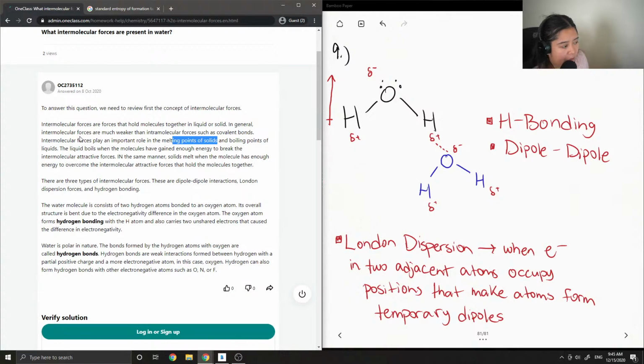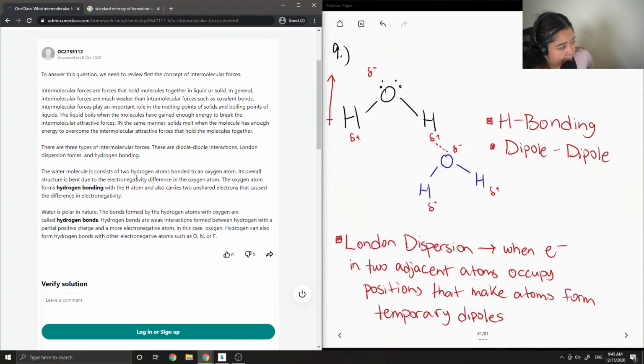The liquid boils when the molecules have gained enough energy to break the intermolecular attractive forces. In the same manner, solids melt when the molecule has enough energy to overcome the intermolecular attractive forces that hold the molecules together. There are three types of intermolecular forces. These are dipole-dipole interactions, London dispersion forces, and hydrogen bonding.